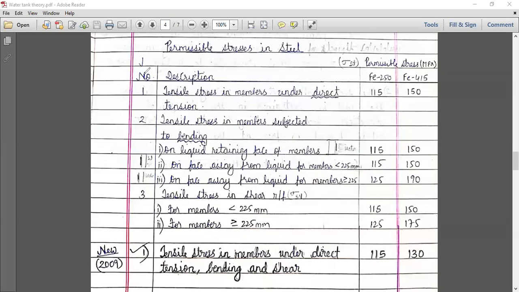All these things you now don't have to check, because the new code says that for all of these you have only this value. So they have made it very convenient now. For tensile stress in members under direct tension, bending and shear, there is one value for all three. For Fe 250 it is 115 and for Fe 415 it is 130. Is this clear everyone?